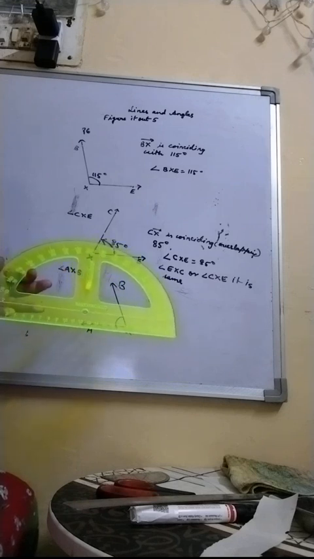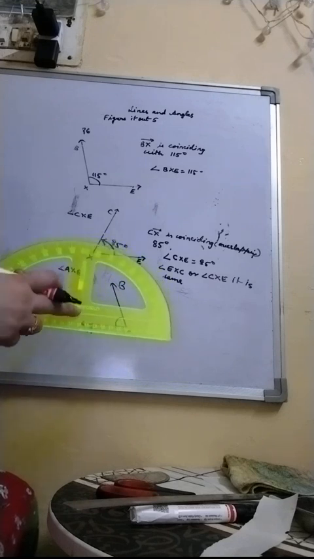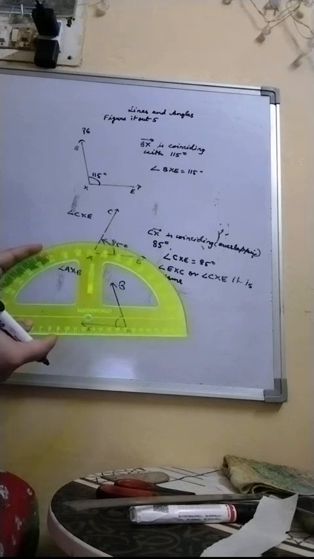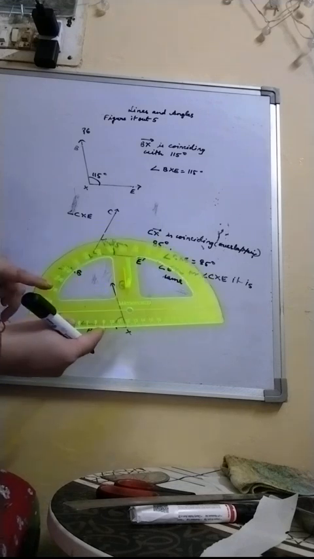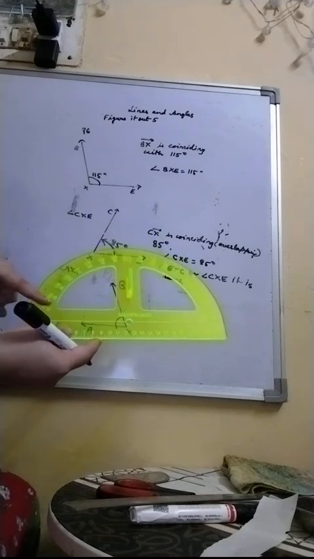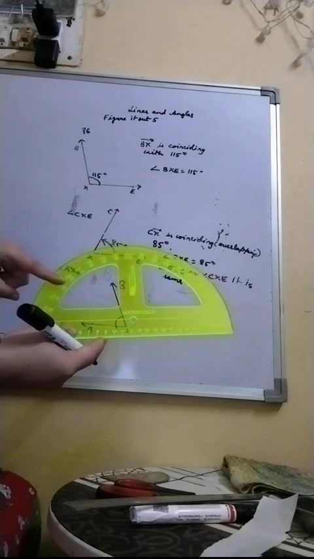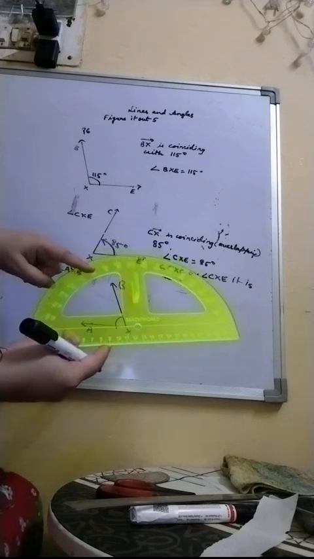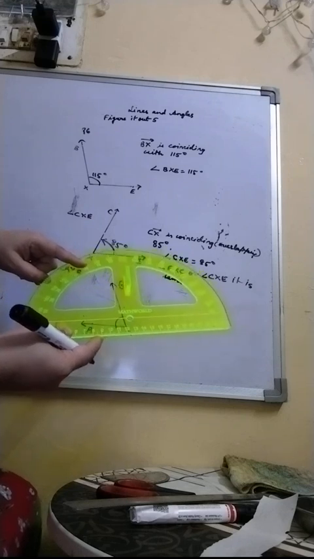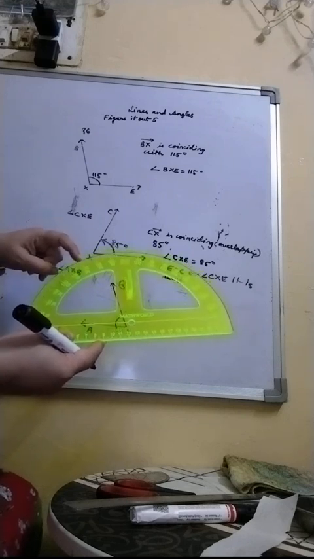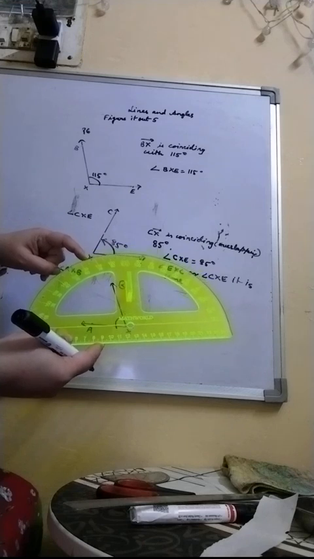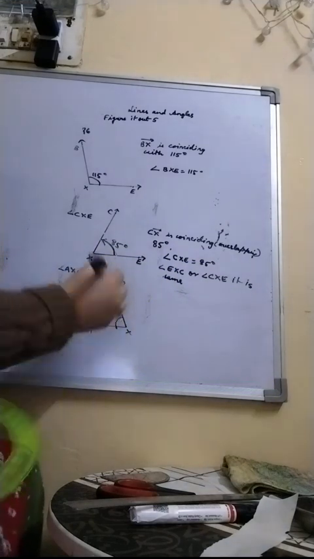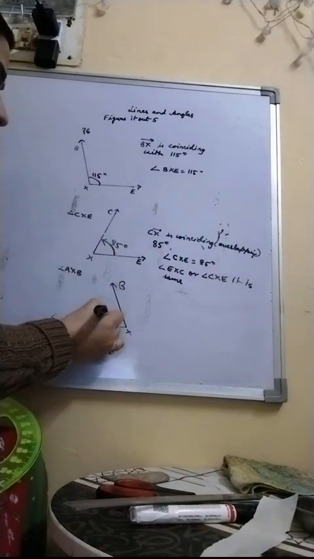AX is coinciding. So our reading would start with 0 from this left hand side: 0, 10, 20, 30, 40, 50, 60. After 60, there are 5 lines to count. 1, 2, 3, 4, 5. So this is around 65 degree.